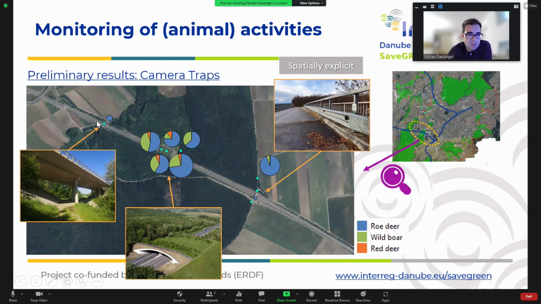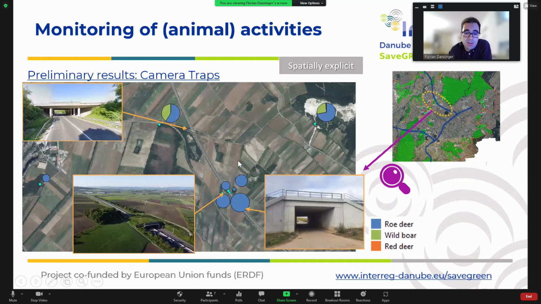this rather smaller underpass, and the bridge here is hardly used. If it's used, it's just by large animals, just by roe deer, and there was no evidence of wild boar or red deer using these areas. But again, the green bridge that is very well connected within this woodland is used by all three of these species.